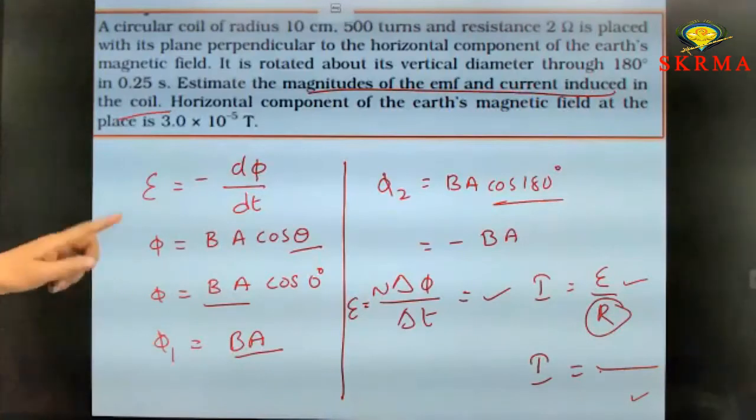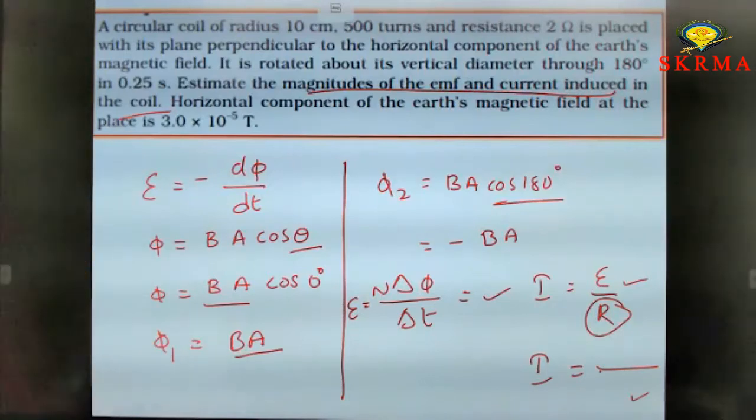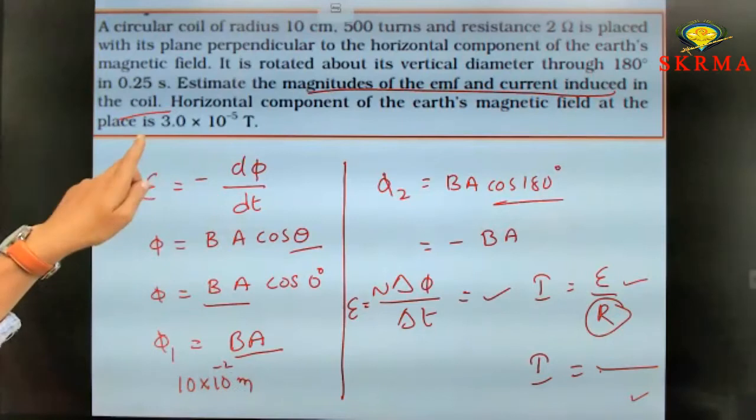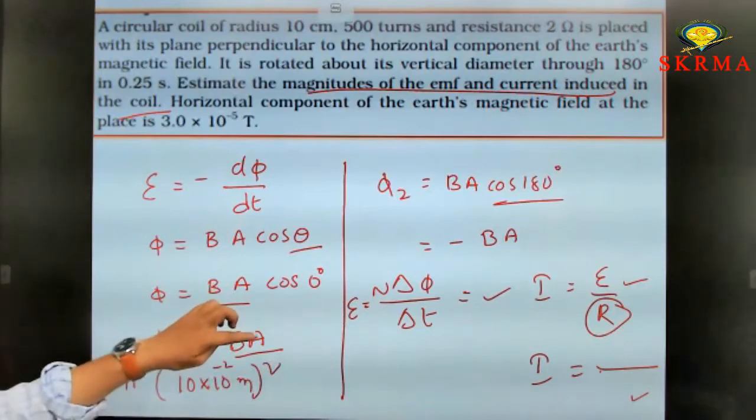What is the area here? Remember, that must be in meters. 10 centimeters is nothing but 10 into 10 power minus 2 meters. As it is a circular coil, the area is pi r square. You know the B value and the A value.